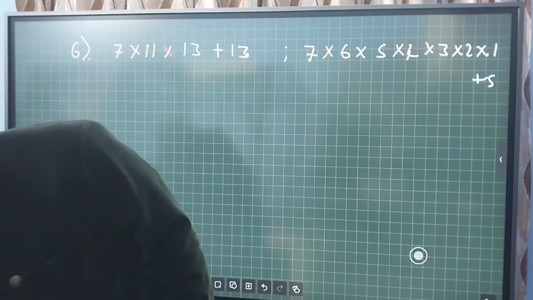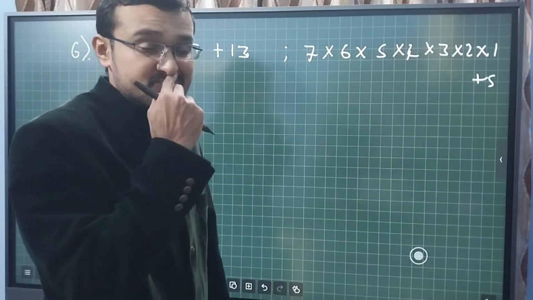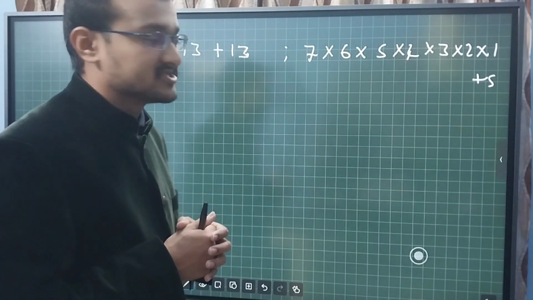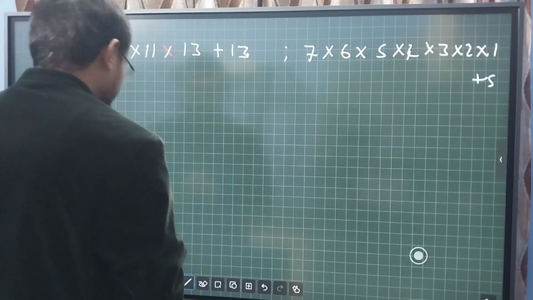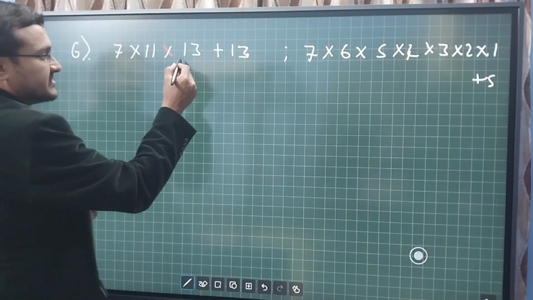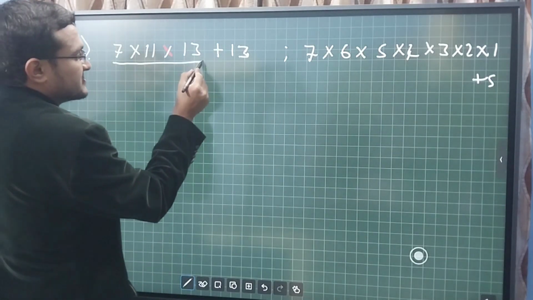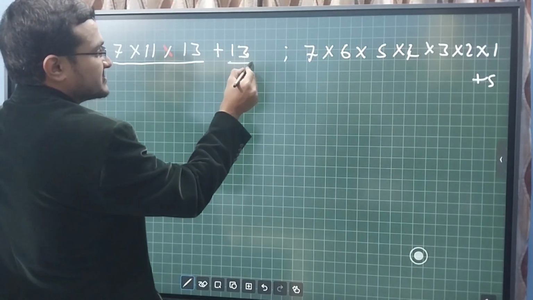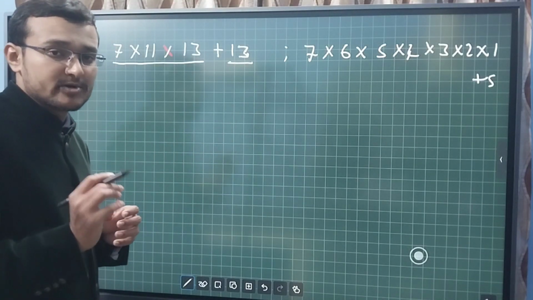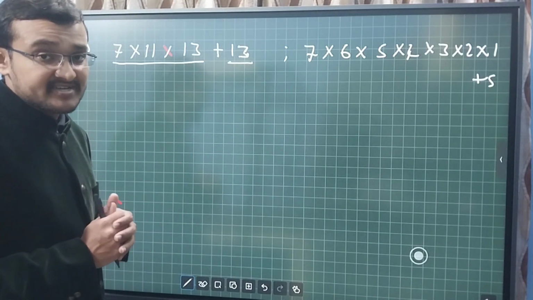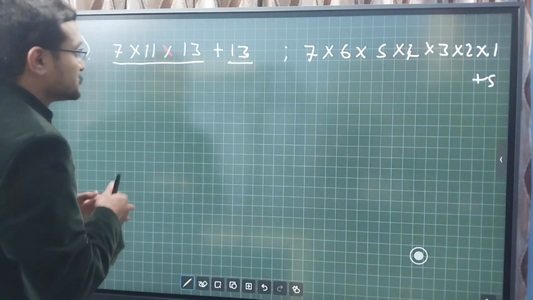You have to explain why these numbers are composite numbers. In order to explain that, first consider the 13, and then plus 13, because according to the BODMAS rule, multiplication comes first and then the addition.